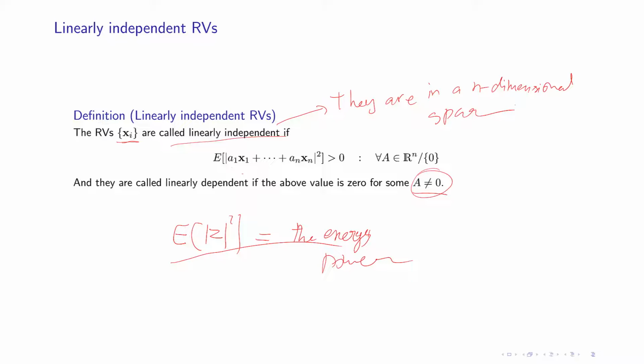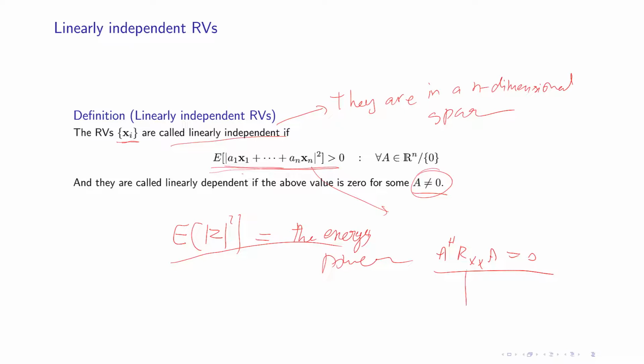Remember that this is totally different from independence. When we talk about independence, we talk about distributions, but here, because this definition only requires the covariance matrix, it can be simplified, because obviously this quantity is equal to A Hermitian Rxx A. So if you could make this equal 0, then we call it linearly dependent.